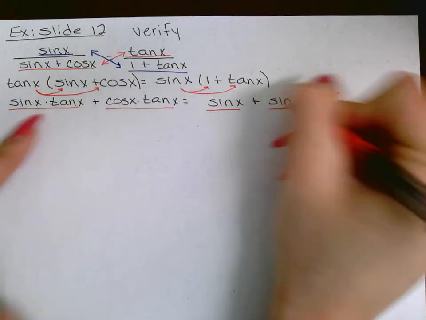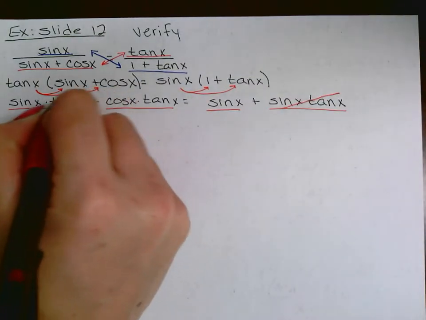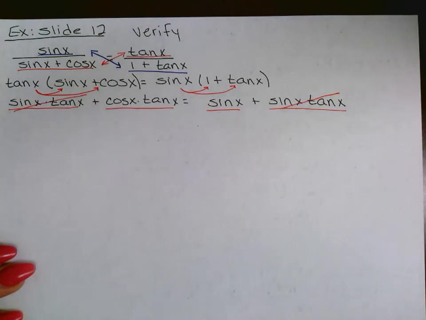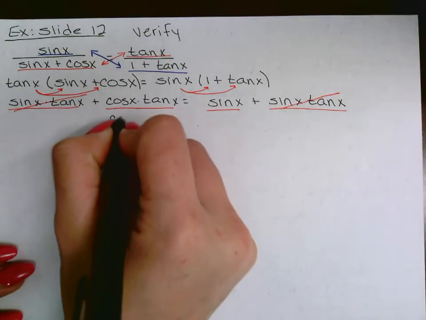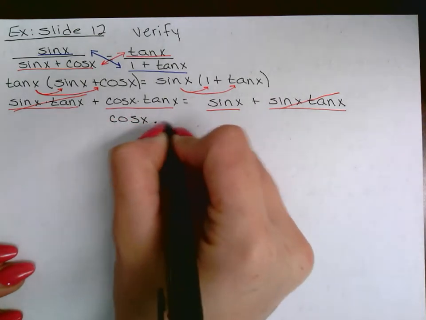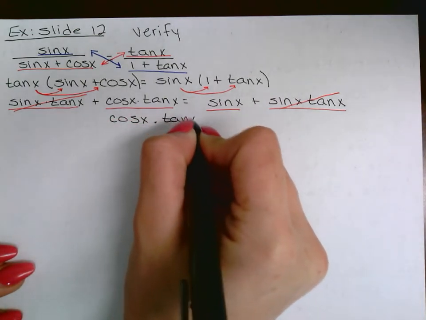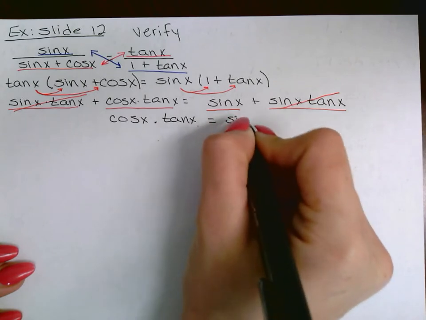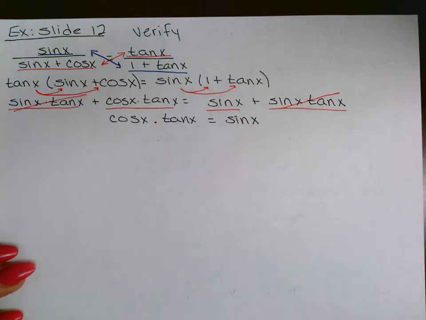Whenever you have the same exact term with the same exact sign on both sides, they will cancel out. So all I'm left with is cosine of x times tangent equals sine of x. What step do you want to take next?